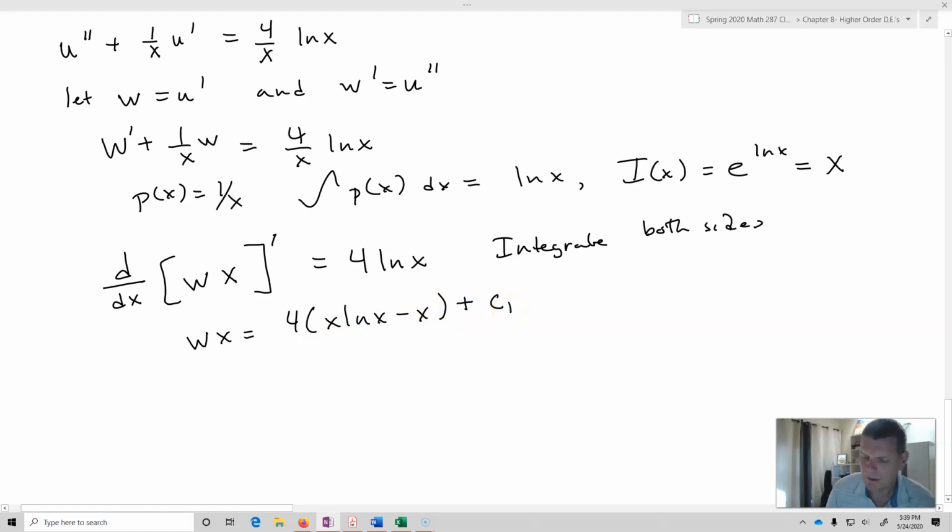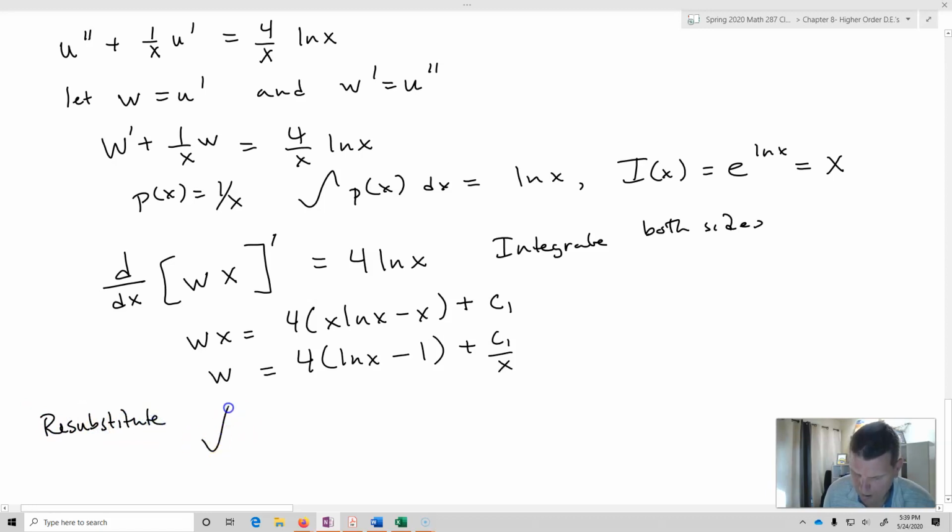So then w is going to equal 4 times ln of x minus 1 plus c1 over x. We'll resubstitute, and we'll have the integral of u prime, which is what w is, equal to the integral of 4 ln x minus 1 plus c1 over x.